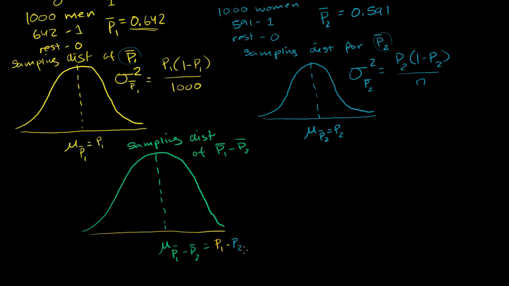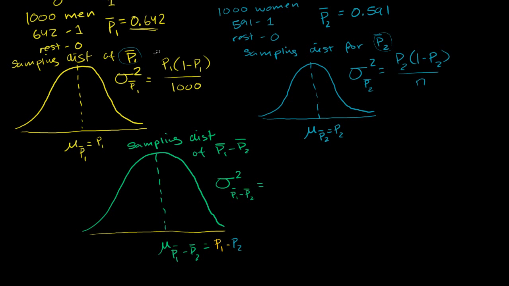And the variance of this distribution, P1 minus P2, just like this, is going to be the sum of the variances of these two distributions.